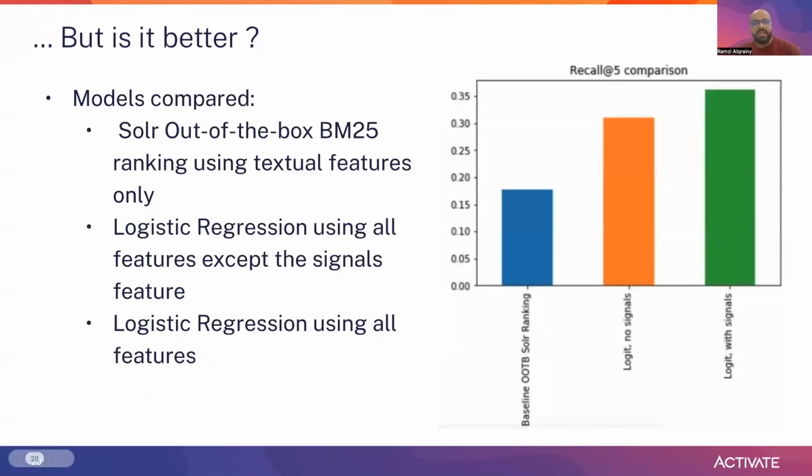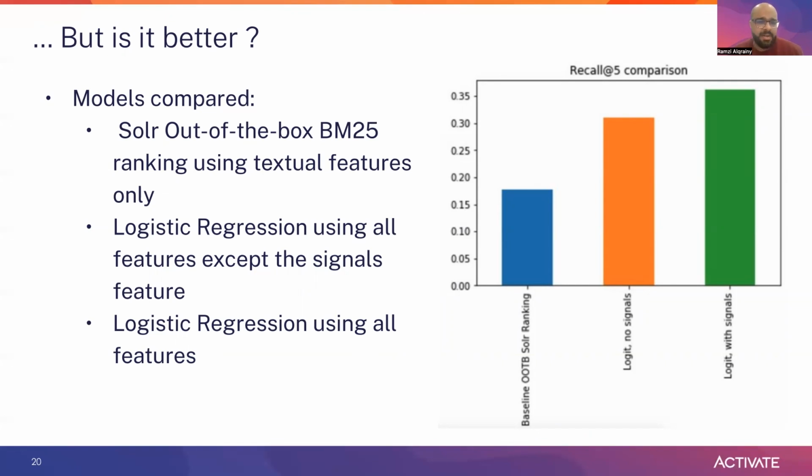Here, we trained a few different models, namely a straight out-of-the-box Solr with textual features only, a logistic regression model using all features except the signal feature, and a logistic regression model using all features including signal features. The performance metric we used in this graph is recall at 5, which is simply, for a given query, the percentage of relevant documents that appear in the first 5 results, averaged over all queries in a held-out test ground truth set.